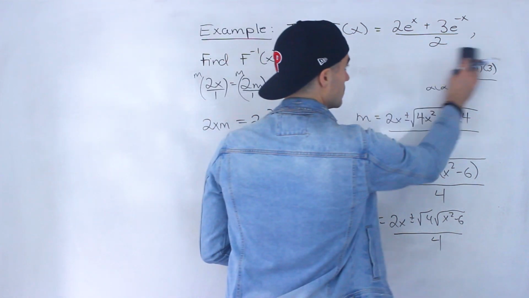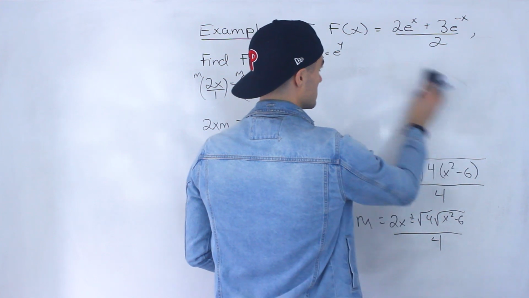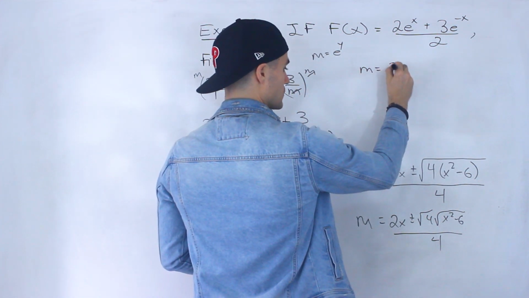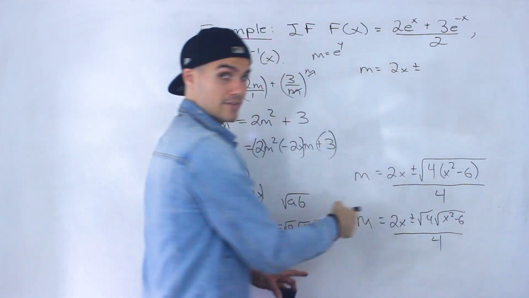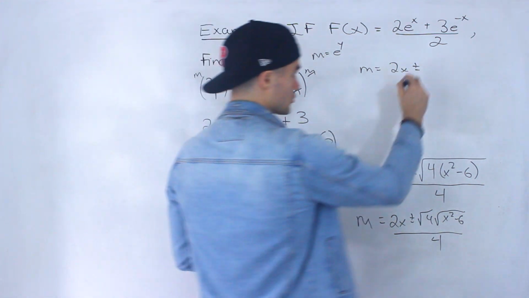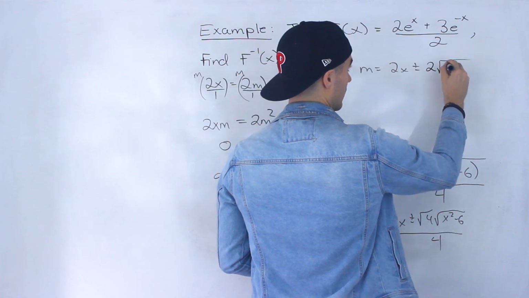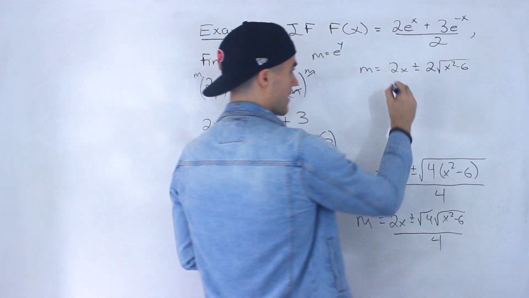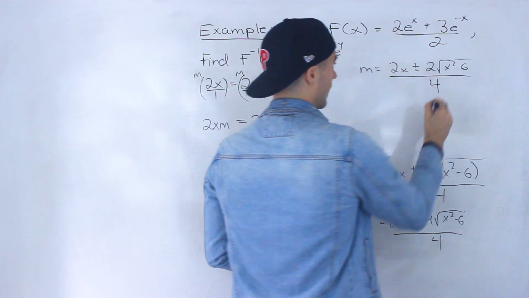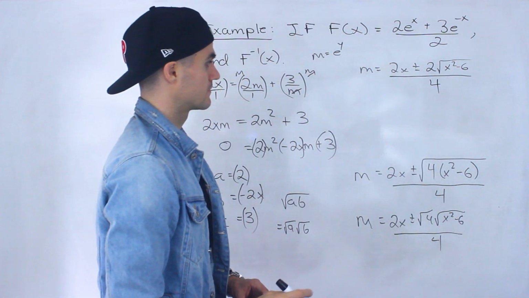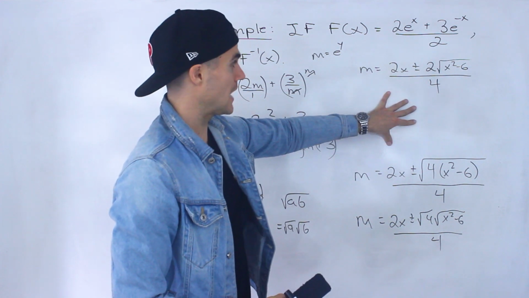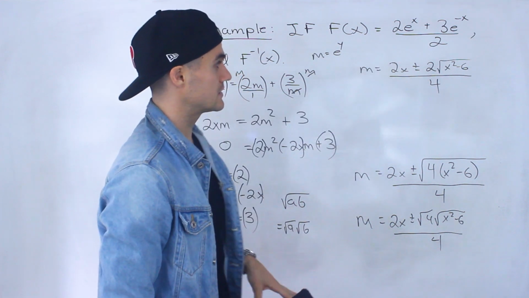Okay, and now continuing this up here, we got m equals 2x plus or minus, now the square root of 4, that is 2. And then we got the square root of x squared minus 6. Can't really do anything with that. And then we got this 4. Right? So we took that original expression that we had, and we're simplifying it to this.